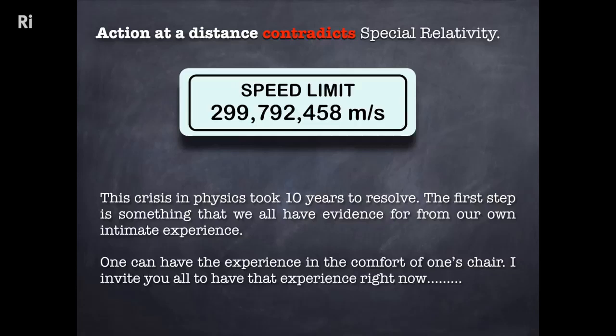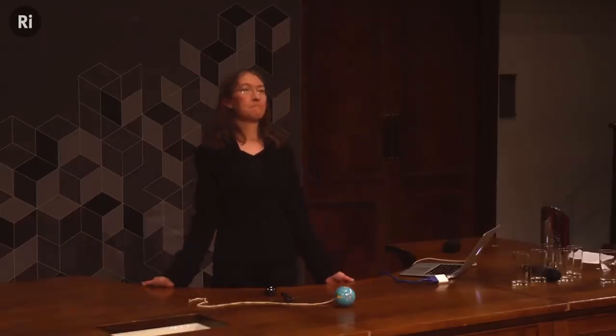And the first step is something that we all have evidence for from our own intimate experience. So we can take the first step that Einstein took in working out general relativity, and we can take it now. We can all have the experience that constitutes taking that first step, and you can have the experience sitting from the comfort of your own chair. Now that's very interesting.